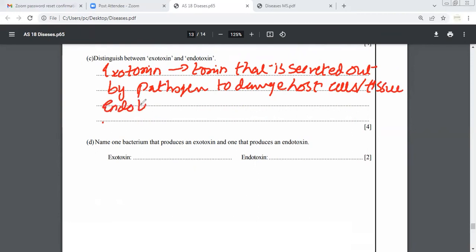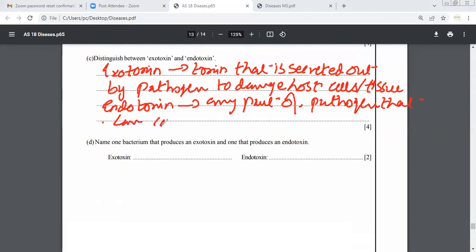Endotoxin is any part of the pathogen that can cause infection or is responsible for causing infection.